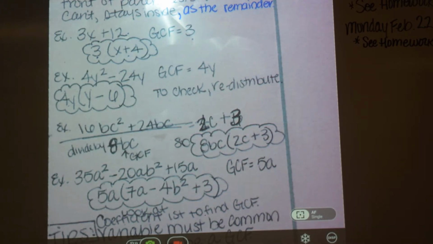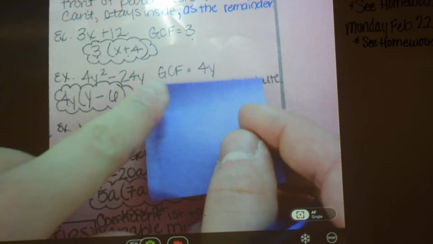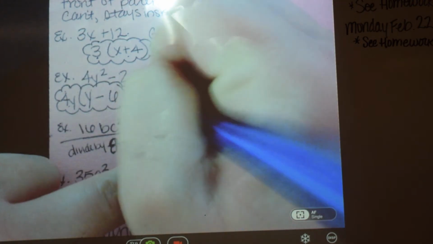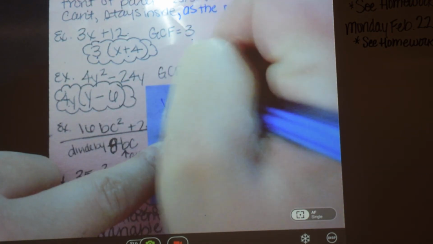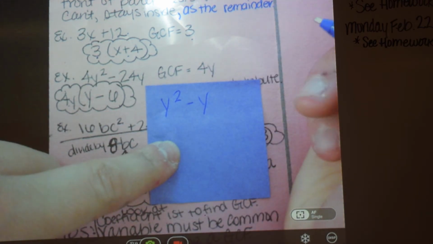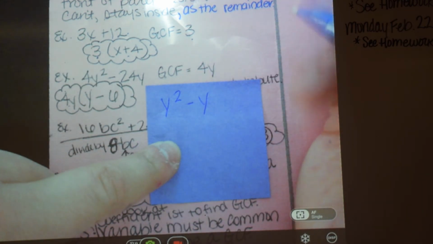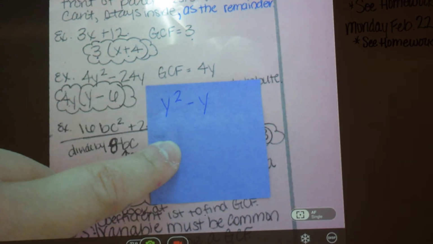One more important thing, or another way to show it, is if we have y squared minus y, what's the smallest degree in this polynomial?